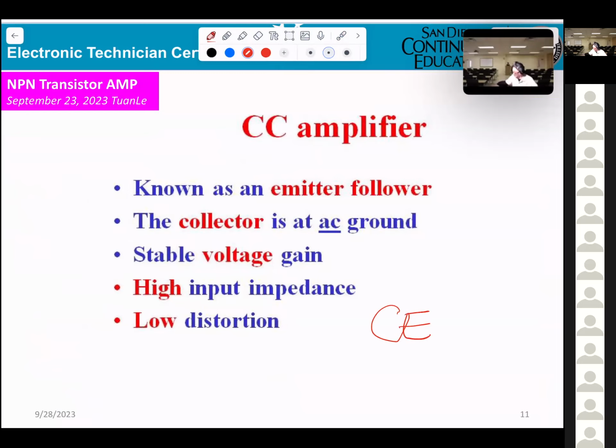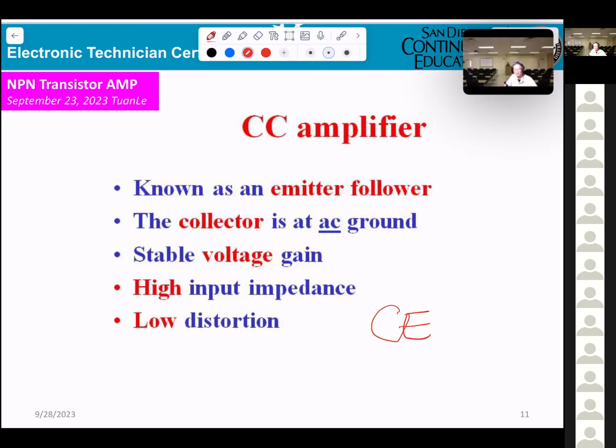In the CE amplifier, the emitter will be common. The emitter will be common, that's why they call it CE. And now you go to CC.